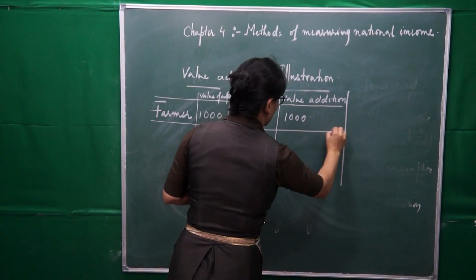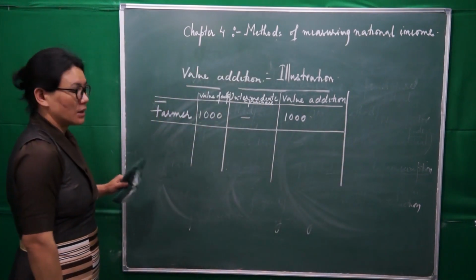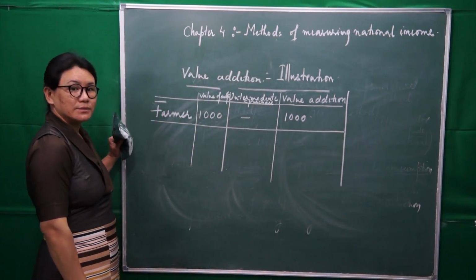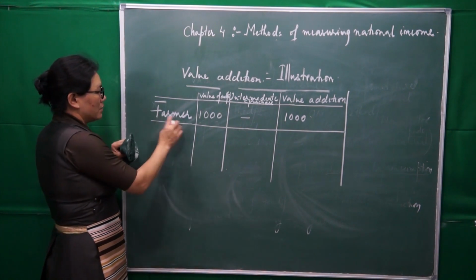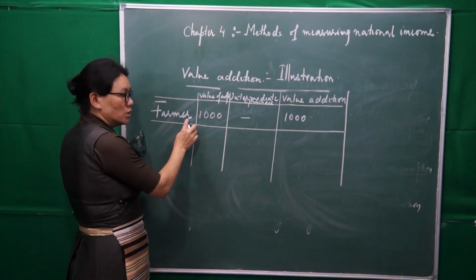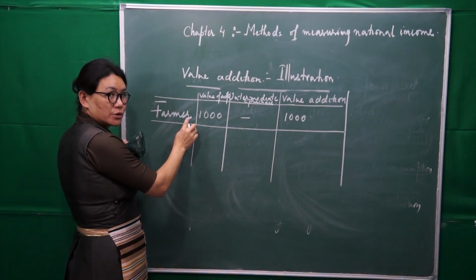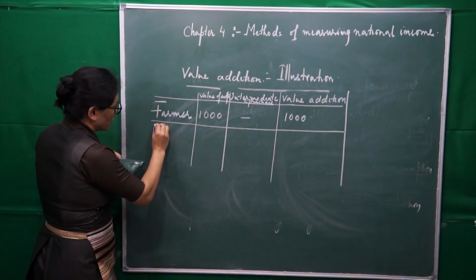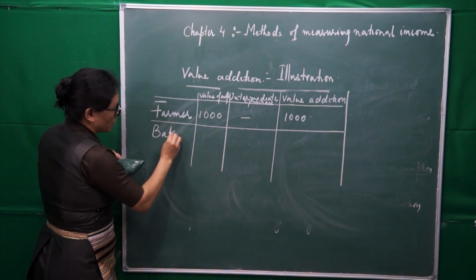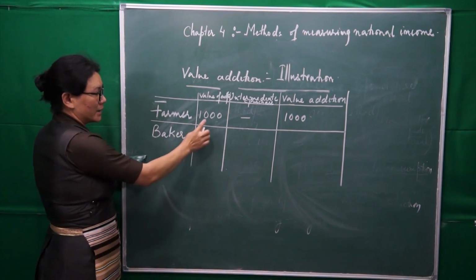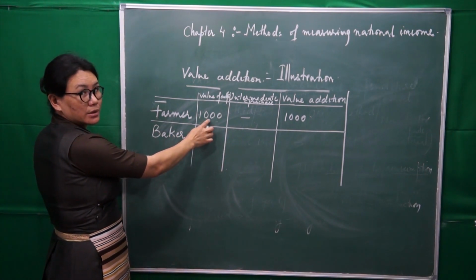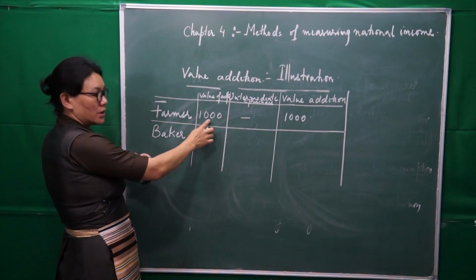Okay. Now, what the farmer has done? Farmer has sold his output to baker at this price. Is that clear? Okay.